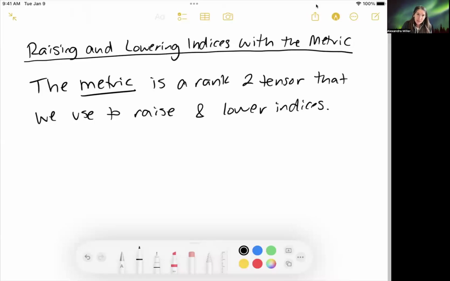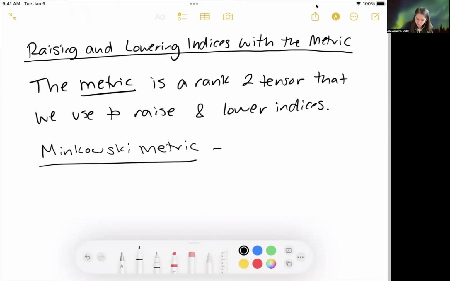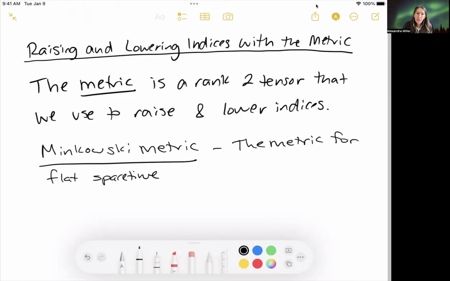So in special relativity, our metric is referred to as the Minkowski metric. This is the metric for flat spacetime, and this is the one that we use in special relativity.